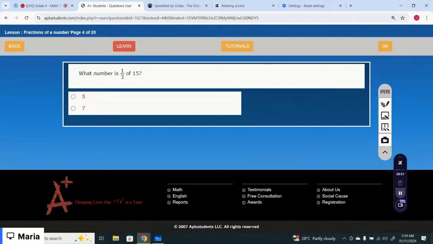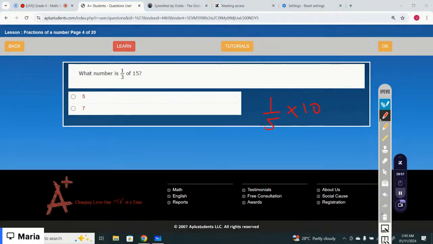What number is 1/3 of 15? That is 1/3 times 15. That is 15 divided by 3 is 5.